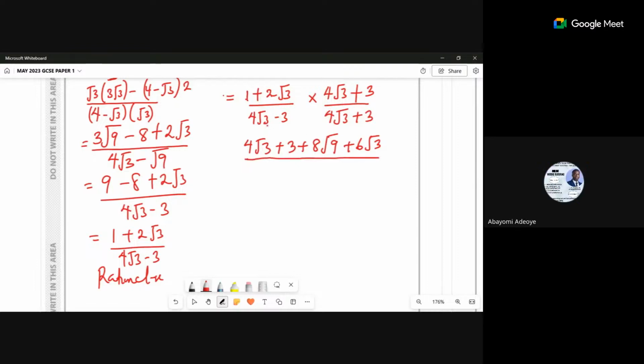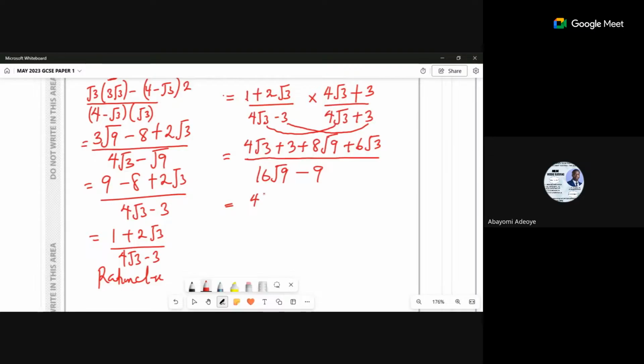Over what? You multiply this and this. So this is 16 minus 9. Is that clear? 4 times 4 is 16. All right. So here you have 4 root 3 plus 6 root 3 is what?